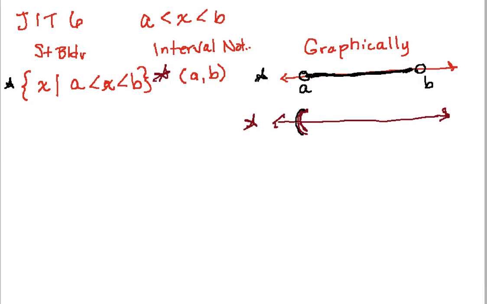So my paren is at my A, and there is my B, and between those parens I have everything in between. So that is very superficially how we go about writing and drawing these things graphically.